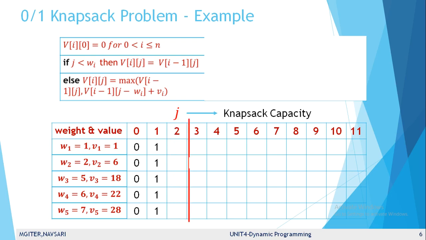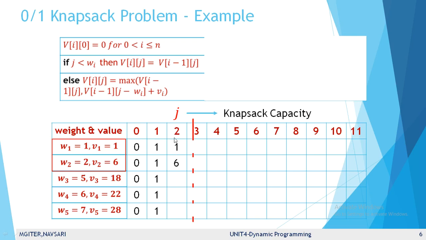Now in the next column, the capacity of the bag is 2 kg, and in the first row, item number 1 has a weight of 1 kg and a value of 1. So we write 1 here. Now in the second row, we have 2 objects with weights of 1 kg and 2 kg.